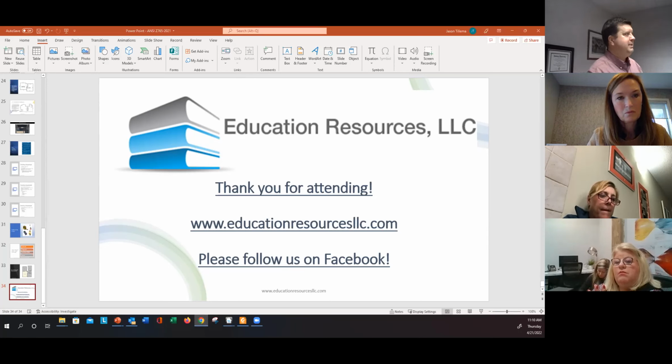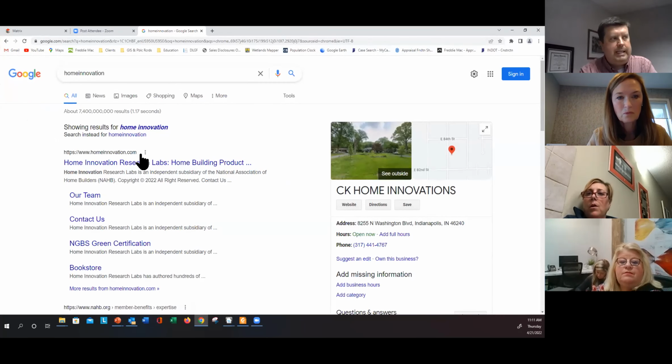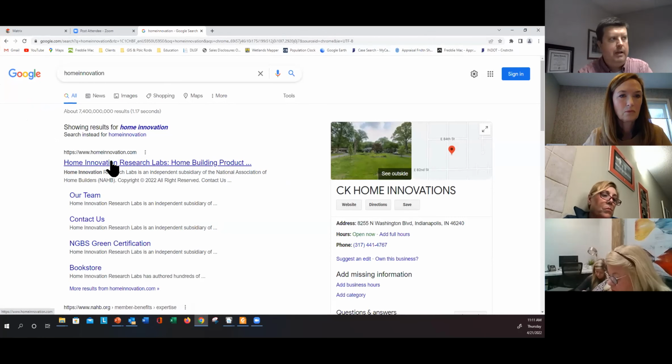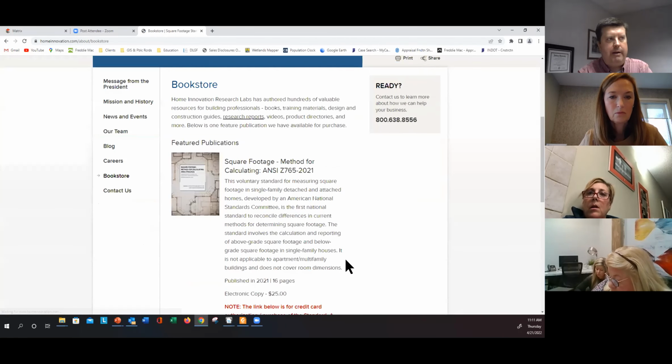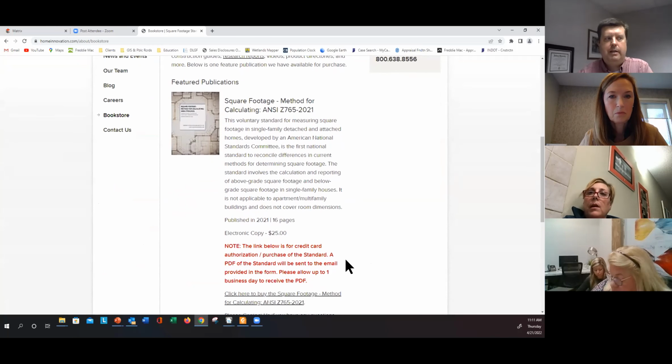If you guys would like a copy of the ANSI standard, you can go to homeinnovation.com, and if you go to the bookstore, you can scroll down and right there is the ANSI standard. It's $25.